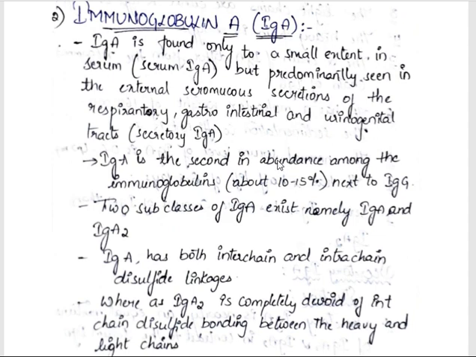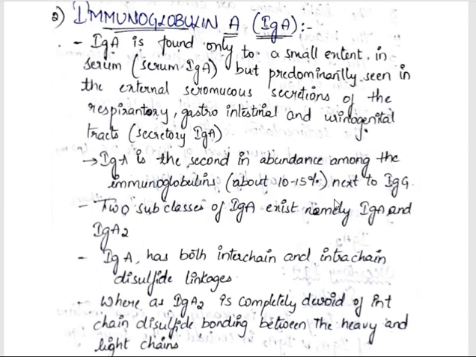And then moving to the second type of immunoglobulin, that is IgA. Here the heavy chain is alpha type, and it is found only to a small extent in the serum, but predominantly seen in the external mucus secretions of the respiratory, gastrointestinal, and urogenital tracts. IgA is the second most abundant among all the immunoglobulins, about 10 to 15% of the total, whereas IgG is 70%.